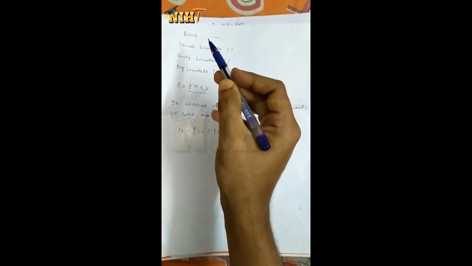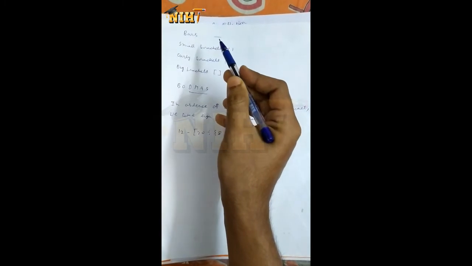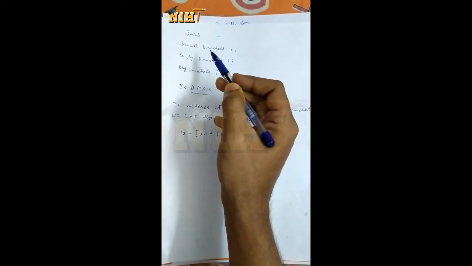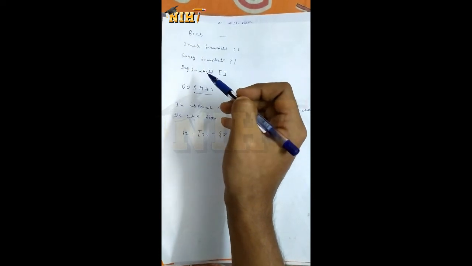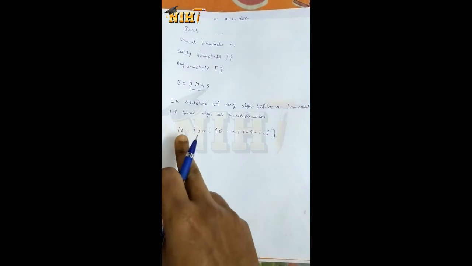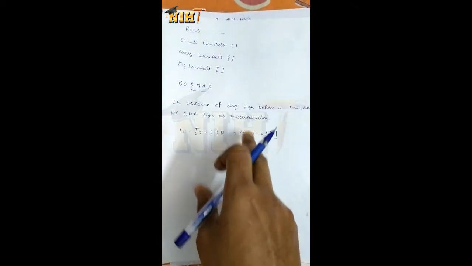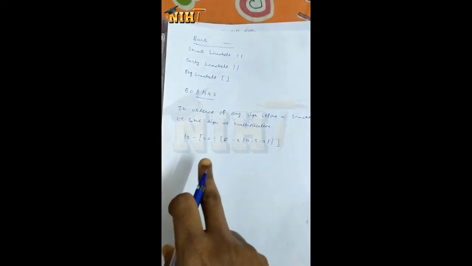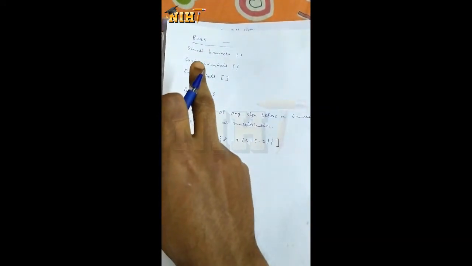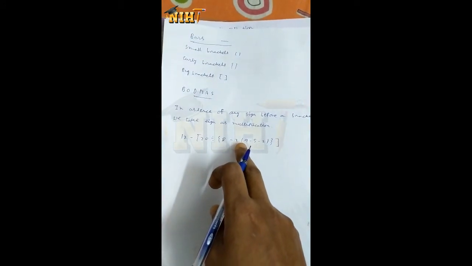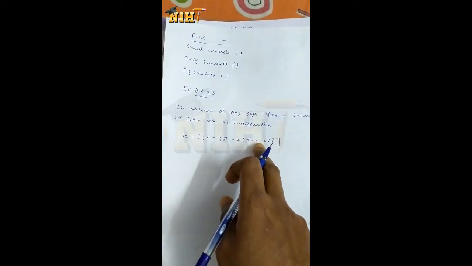Continuing with this, we will check what is coming first. First the bars will come, then small brackets, then curly brackets, and at last we will check for the big brackets. But here we couldn't see any bars, so the bars are absent in this equation. First we'll check the small brackets. The small brackets are 9 minus 5 minus 2.